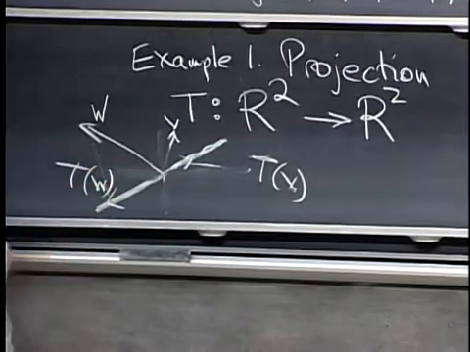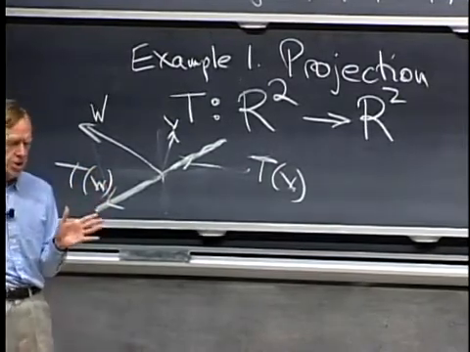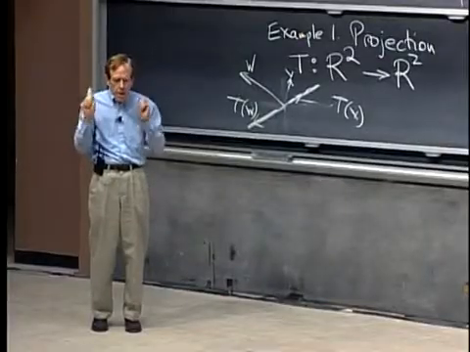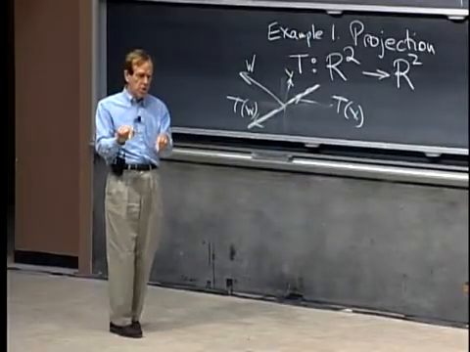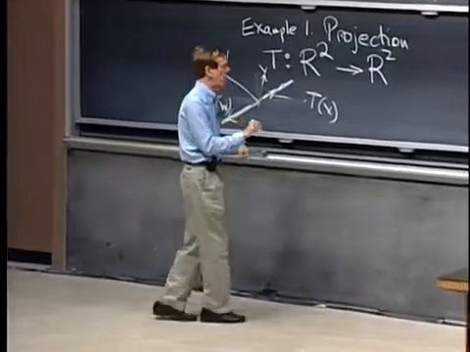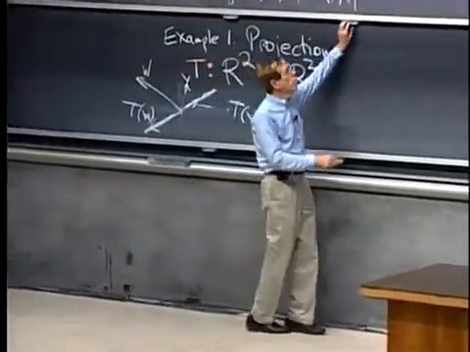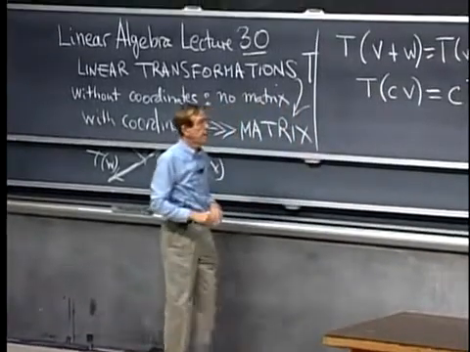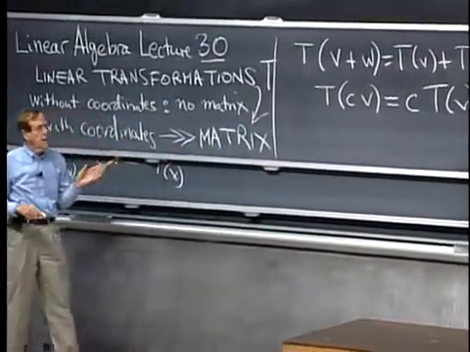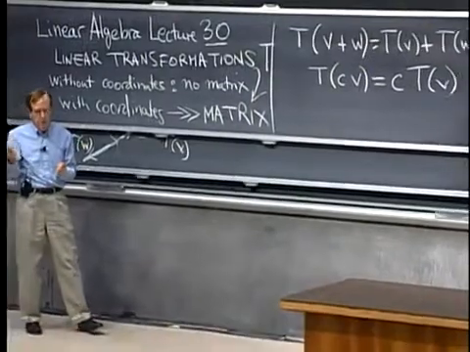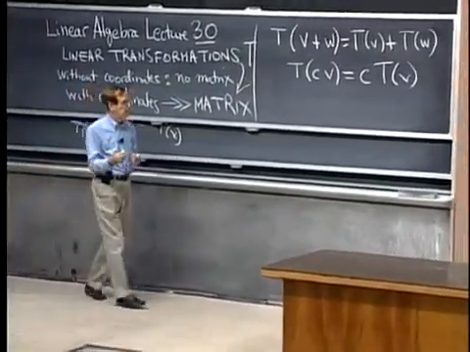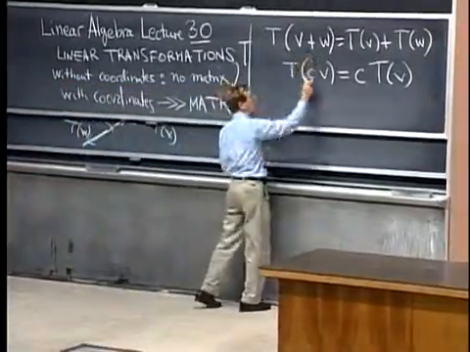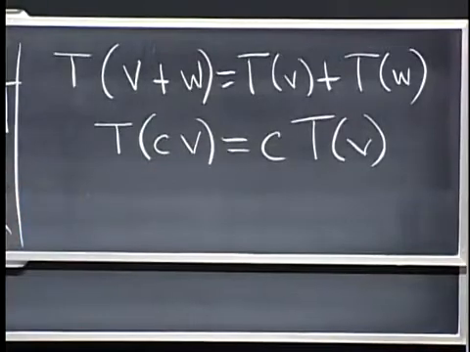Okay. Now, I could think of a lot of transformations T. But in this linear algebra course, I want it to be a linear transformation. So here are the rules for a linear transformation. You see exactly the two operations that we can do on vectors, adding and multiplying by scalars, and the transformation does something special with respect to those operations.